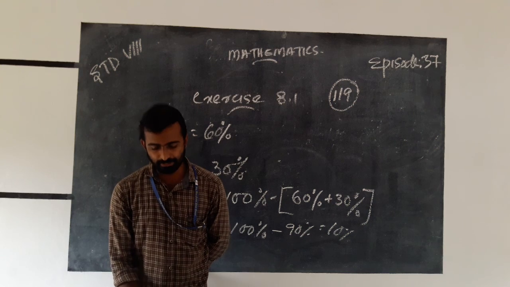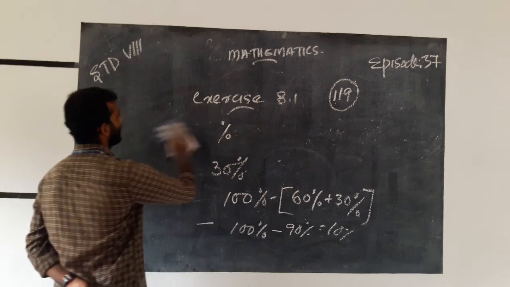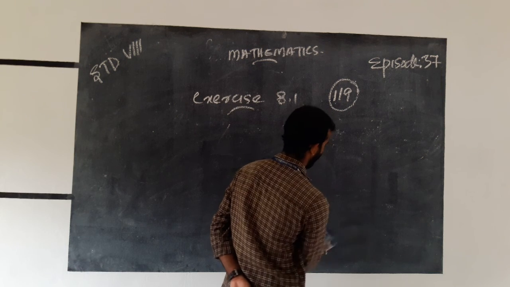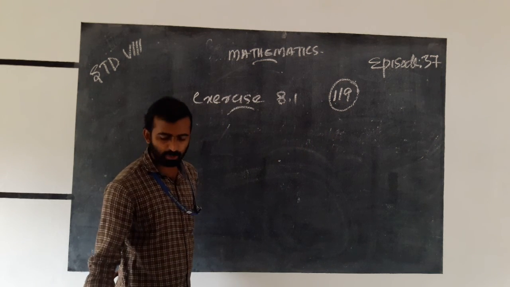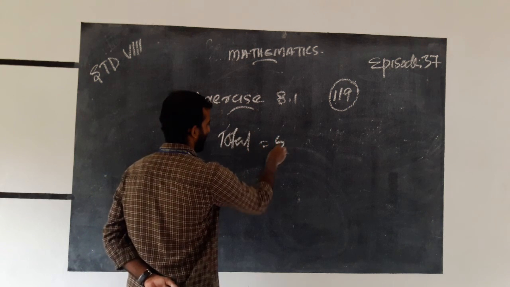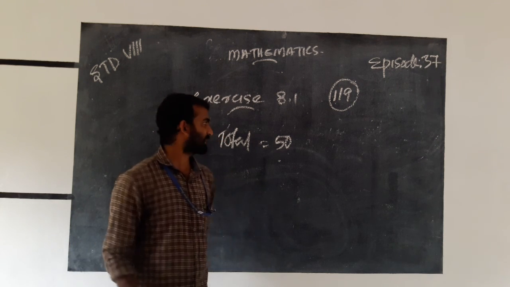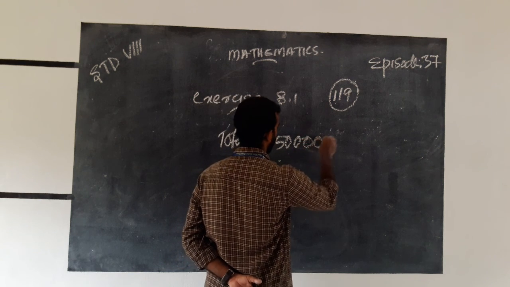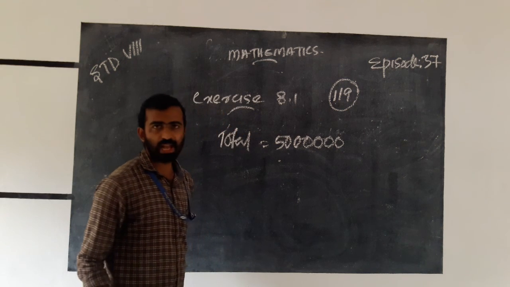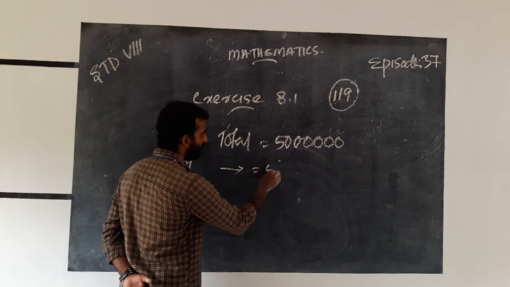First we write the total number of people. The total number of people is 50 lakhs.